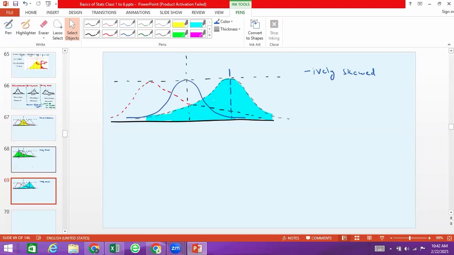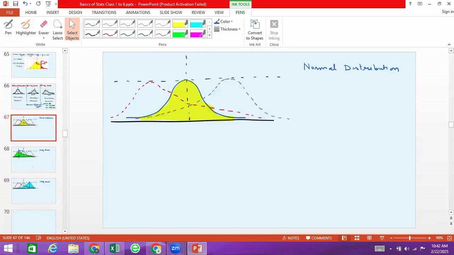Why emphasize that? Because there is another kind of deformation which can happen.